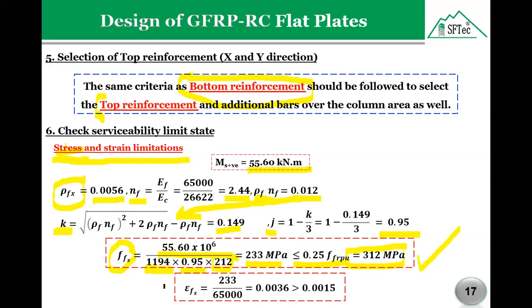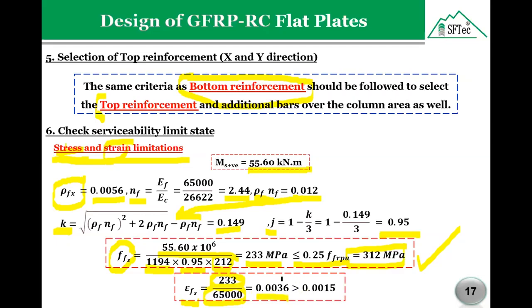Actually, the elastic modulus of our rebar is known from testing, and we calculated the stress. So we know the stress under full service load, and we know the elastic modulus, so easily we can calculate the strain. Here the strain is the stress over the elastic modulus, so the strain equals 0.0036.